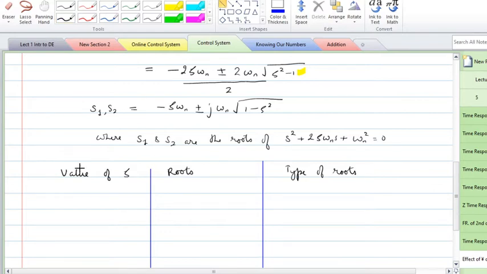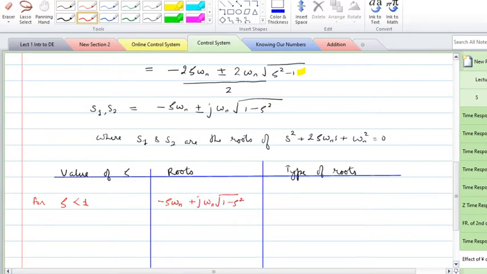If we set the first condition, that is for zeta less than 1, the roots are minus zeta omega n plus j omega n under root 1 minus zeta square, and the second root is minus zeta omega n minus j omega n under root 1 minus zeta square.